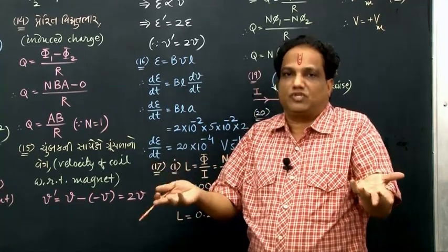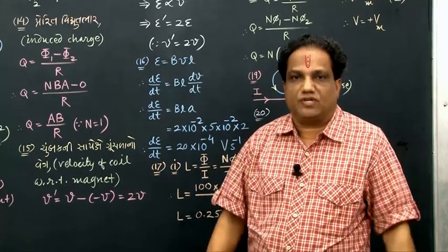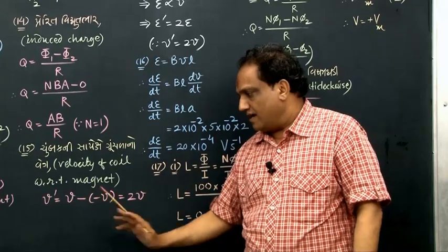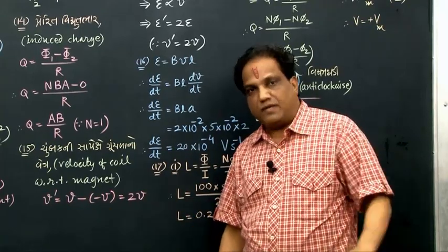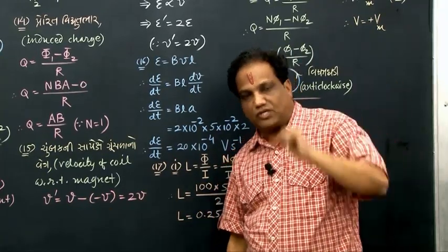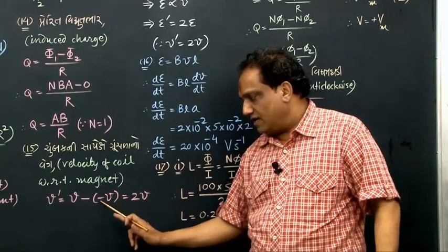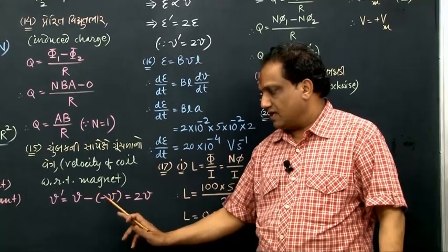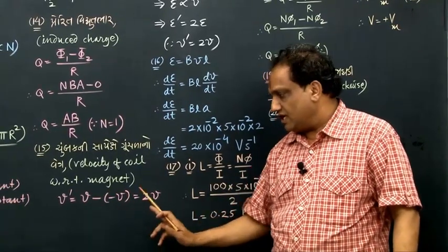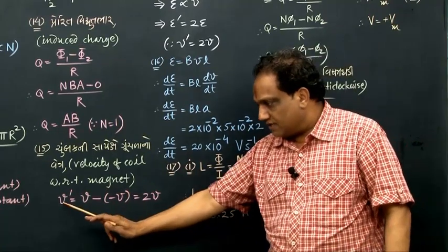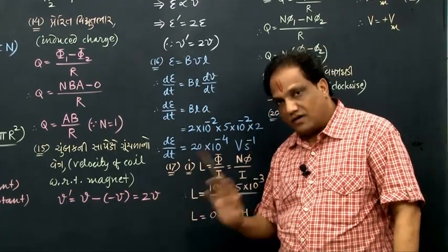It is nothing but velocity of coil minus velocity of magnet. Velocity of coil I have taken as V, minus velocity of magnet. Because the magnet is moving opposite to the coil, its velocity should be taken negative. So I am putting minus V, minus minus plus, V plus V, that is 2V. So you can see this velocity is now getting doubled.